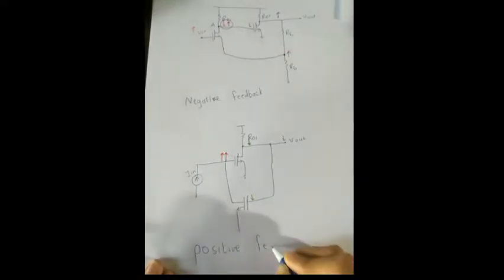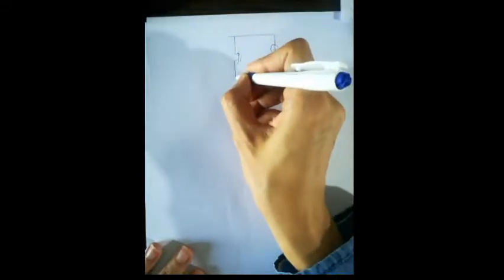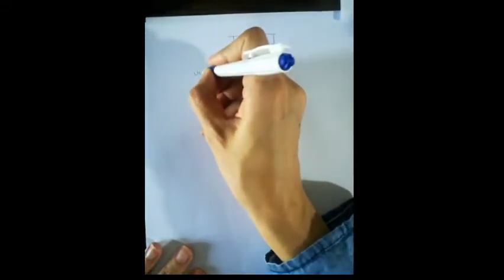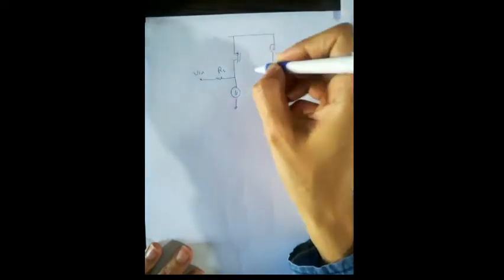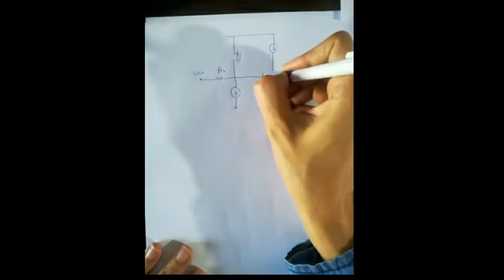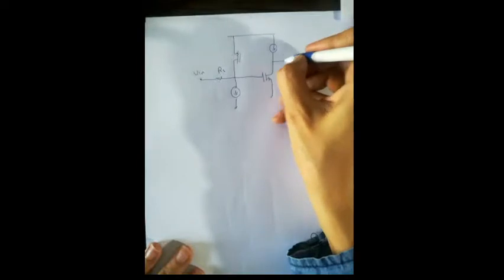Okay, so now let's take the last example on this. For the circuit, we have here a current source, and we have here resistor RS, another current source, and we have resistor VR.